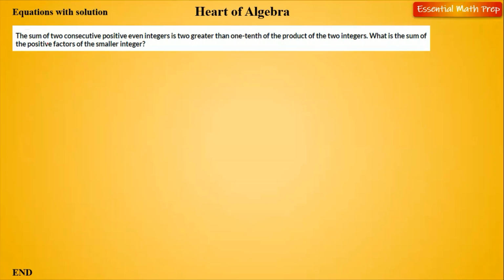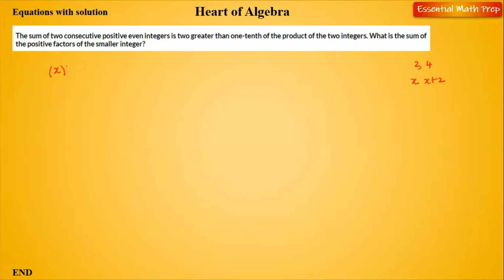We don't know what the integer is to begin with, so let's say x. The first part of the question says sum of two consecutive positive even integers. So if your integer had been 2, then the next positive consecutive even integer is 4. So if this is x, this is x plus 2, right? So that's what you have on one side.